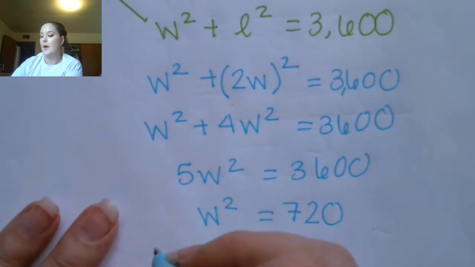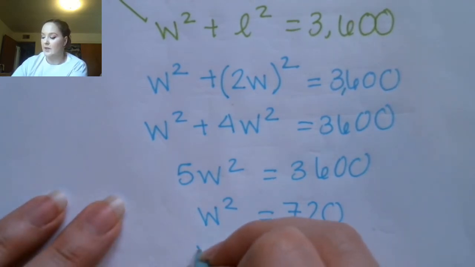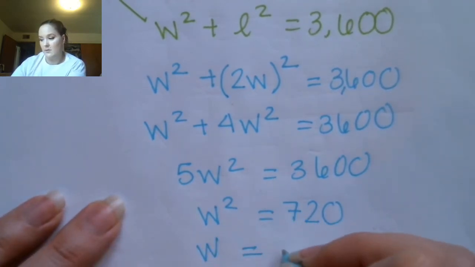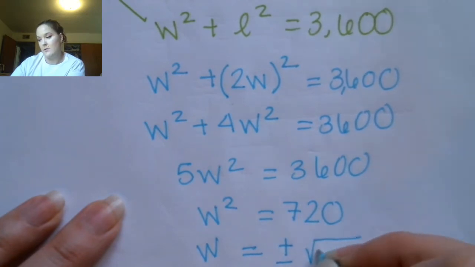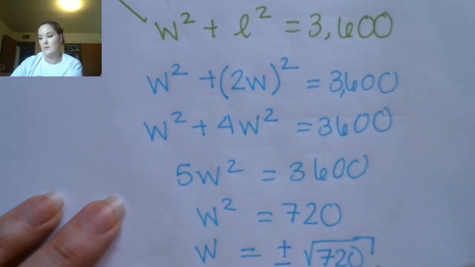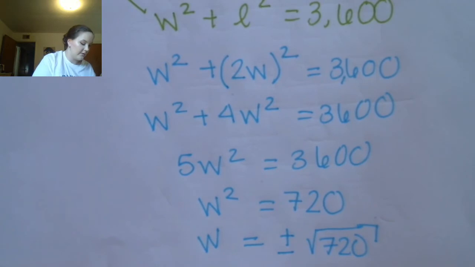Now I'm going to take the square root of both sides. Let's double check that it doesn't come out evenly. I don't think it does, but we'll check. Nope.